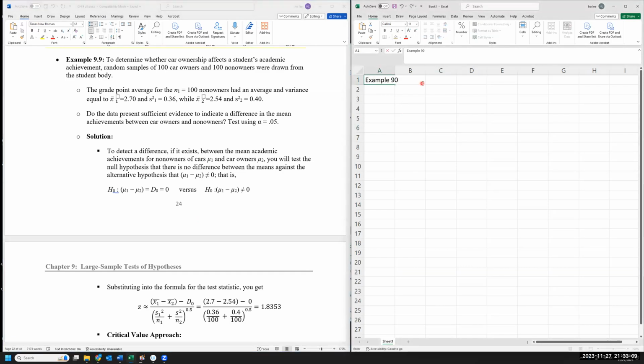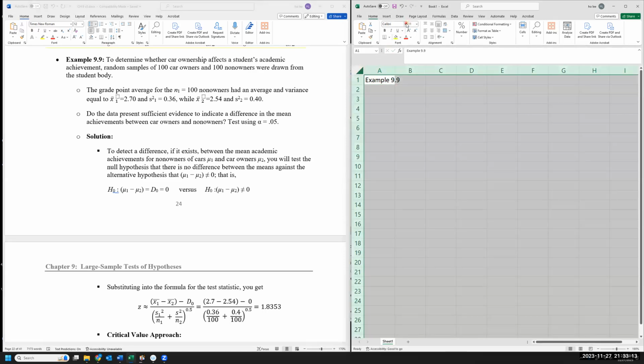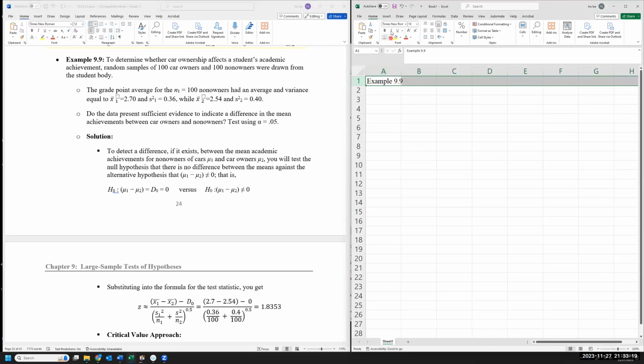Example 9.9. To determine whether car ownership affects a student's academic achievement, a random sample of 100 car owners and 100 non-car owners were drawn from the student body.